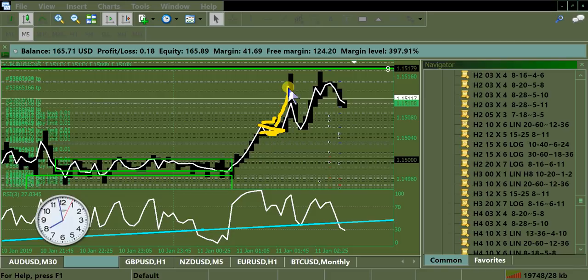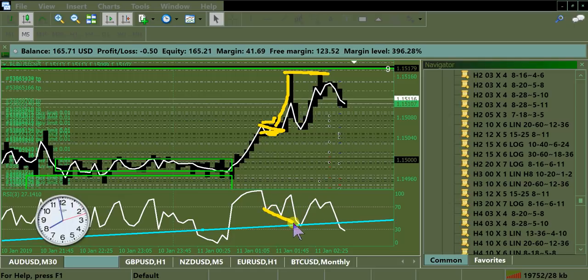Just follow through beautifully. Then this one, sellers right on that tippy top. Here's your reversal, triple reversal for that setup. Then divergence, that gave you that. And I would say that's almost a hidden divergence there.